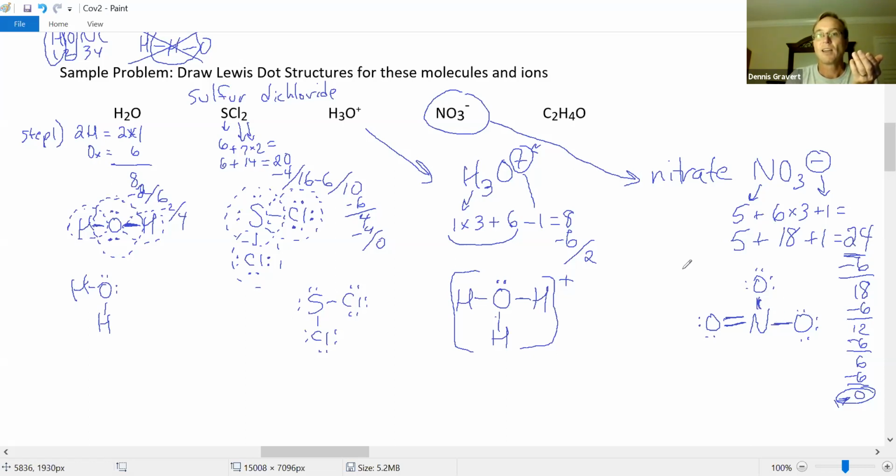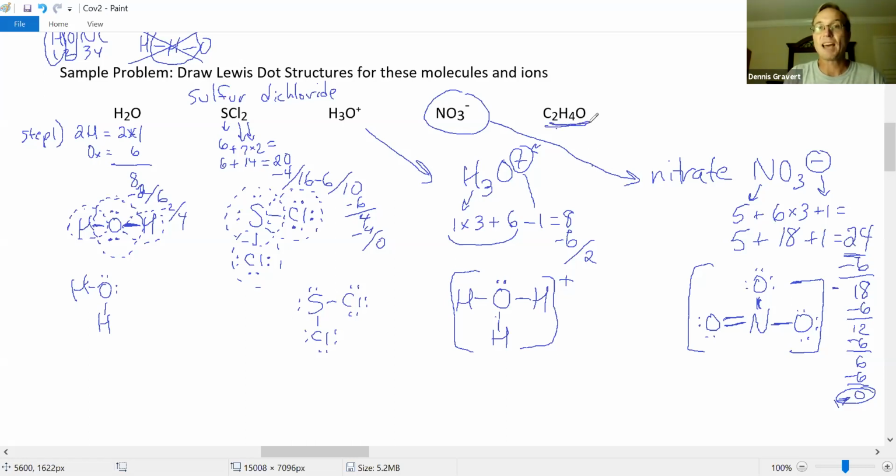There we go. And then I like putting the negative charge on here because this is nitrate. So you put the minus sign just out and open like that. There are more formal charges here if you've heard about them. The other way you could do this is to put that into a bracket and put the minus charge out here. That's another way to display that this is nitrate.